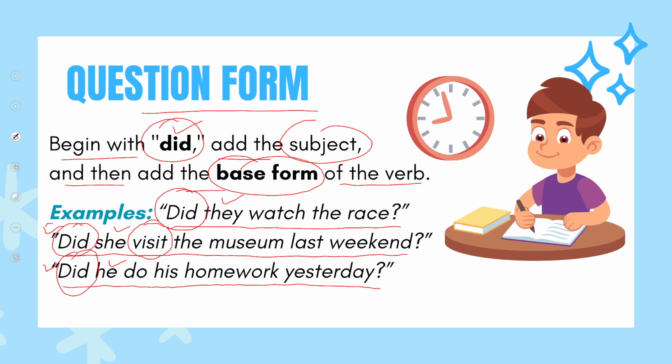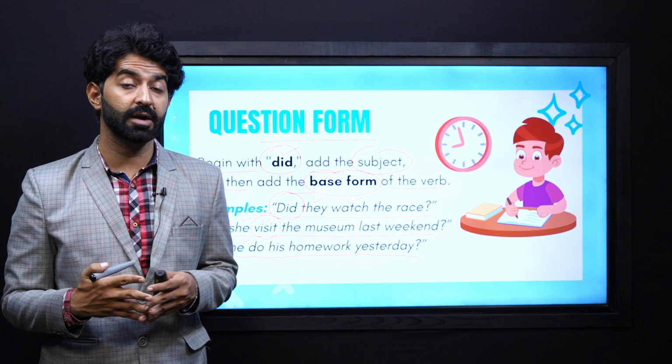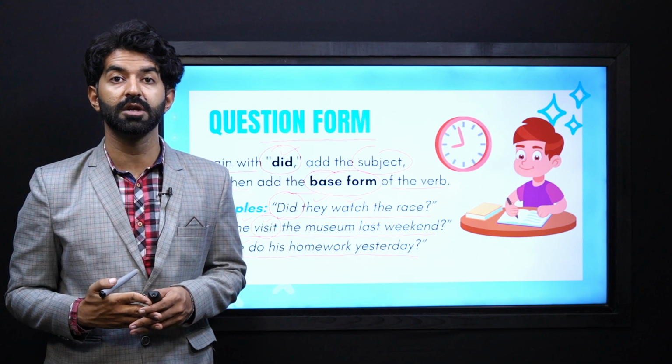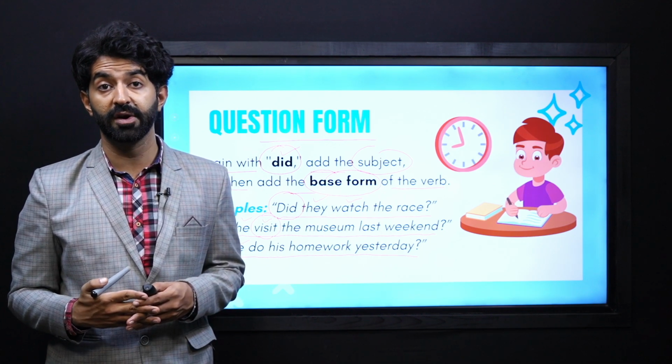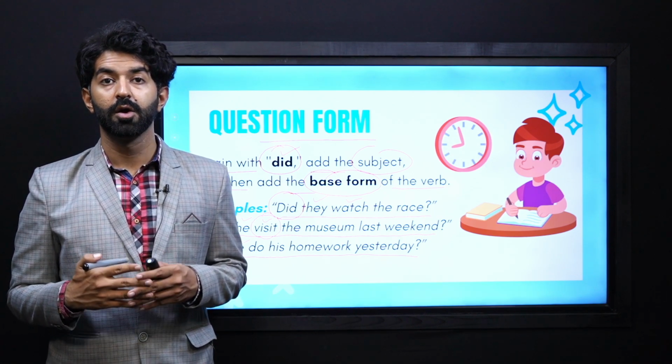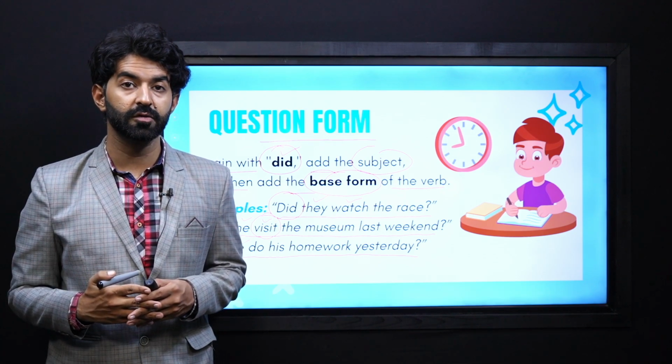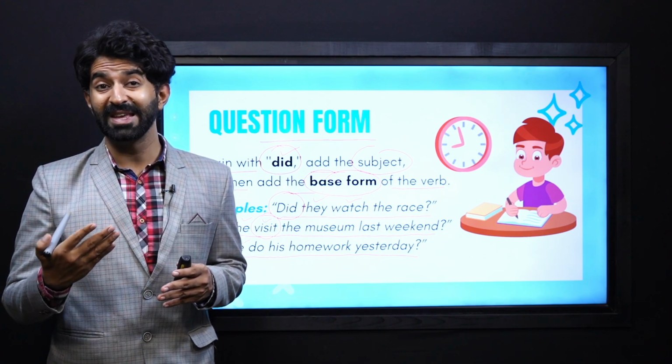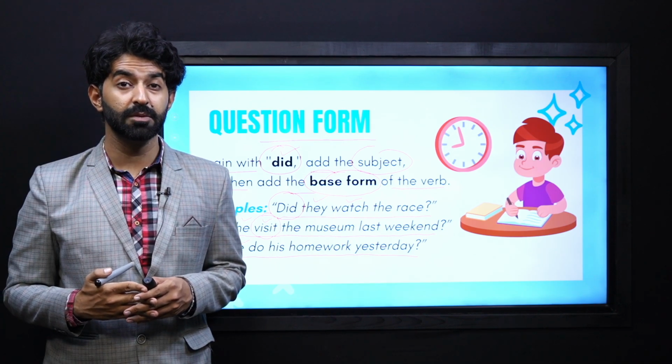So we don't need to change visit into visited or watch into watched because at the very start of our sentence, we are using the word did, which is already in the past form. So this is how you make a question form of any sentence when you are saying it in the past simple tense.